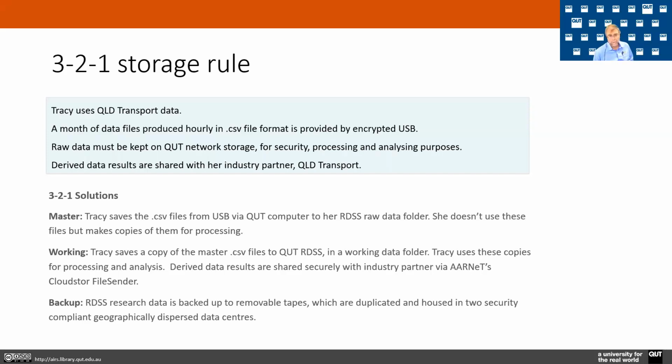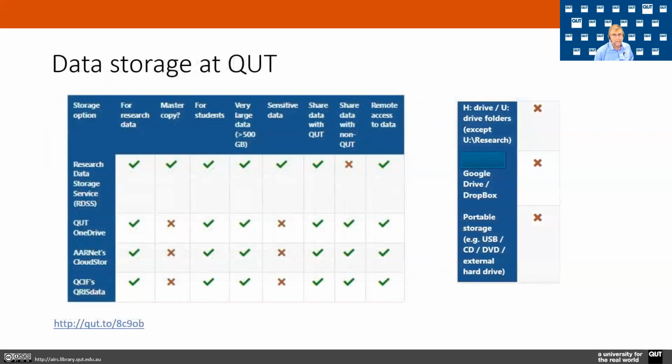Then if your data needs to be inspected at any time, this is indeed where it's available for inspection and verification purposes. QUT's research data storage service has a regular safety backup. Okay, research data storage service, RDSS, or the R drive for short, is your preferred place to go.